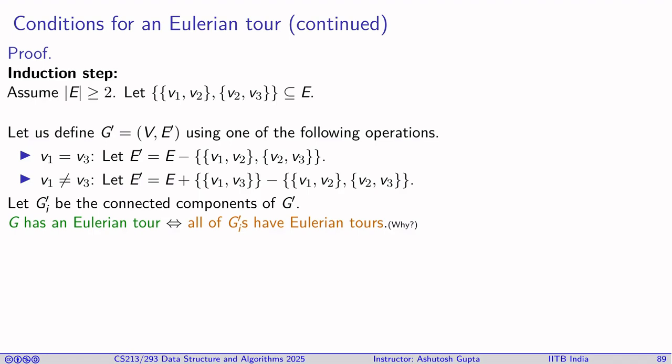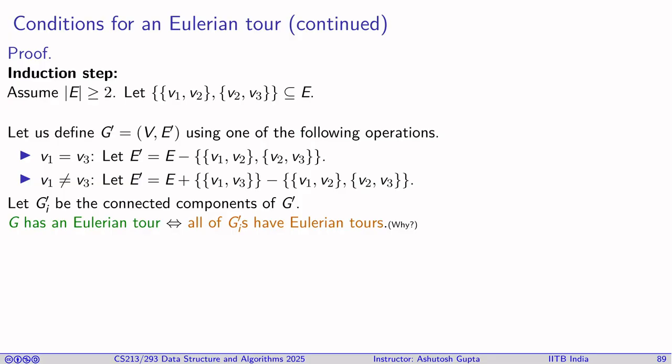And if all its connected components have an Eulerian tour, then the original graph also has an Eulerian tour. This step of the proof, I will leave as a homework exercise, but it can be easily seen. You can have tours from subgraphs and they can be stitched together in a way to obtain the tour of the larger graph.